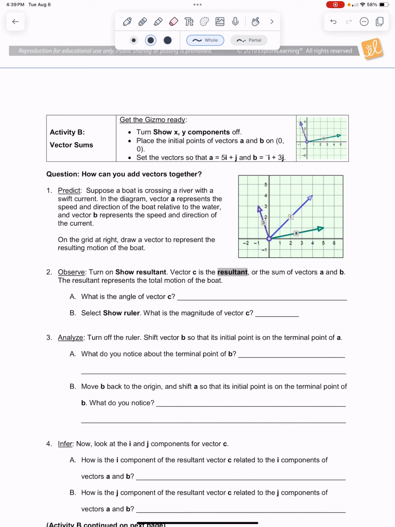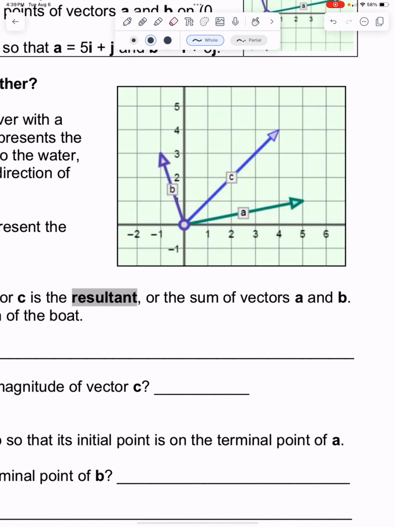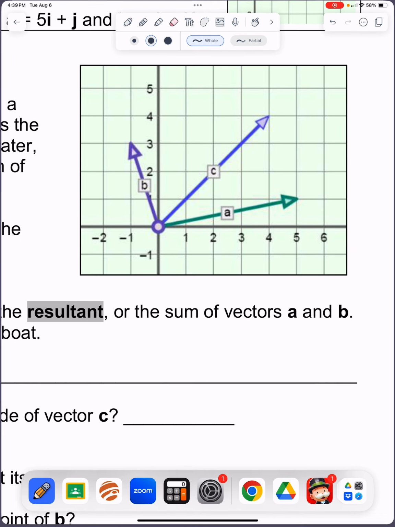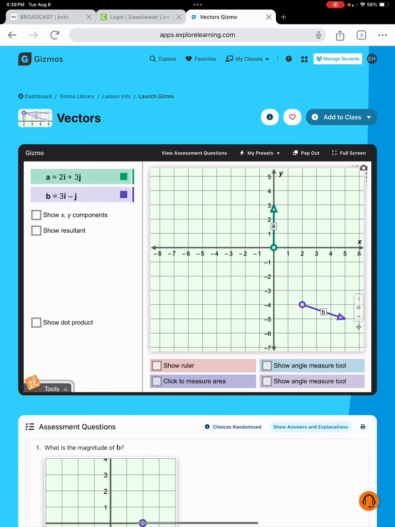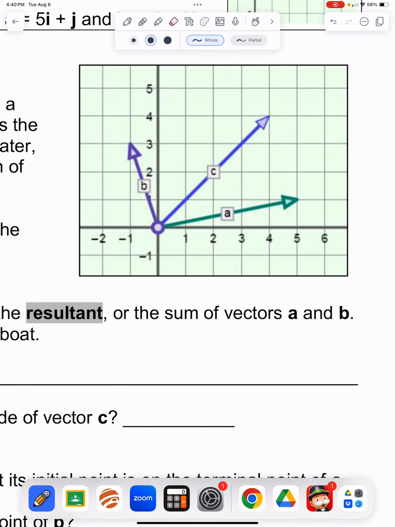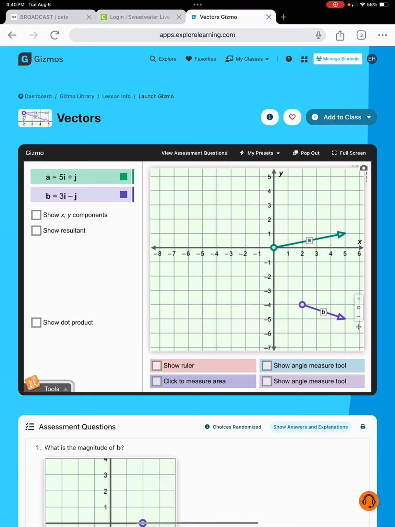Set the vectors so that A is 5i plus j. Okay, so we can see what A is. A is this here, 5 and then up 1. Like that. And then it says make vector B be over 1 up 3. In other words, -1i plus 3j. Like that.